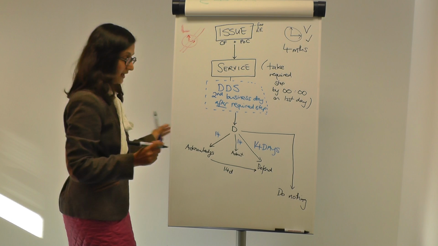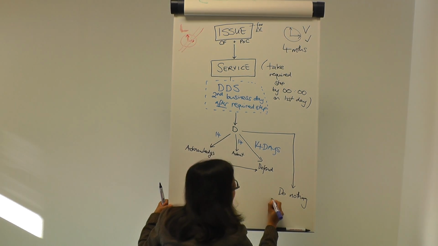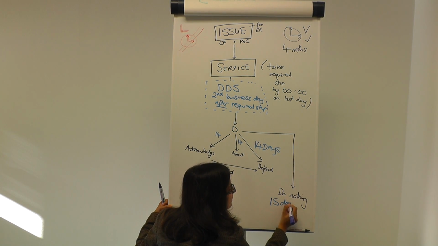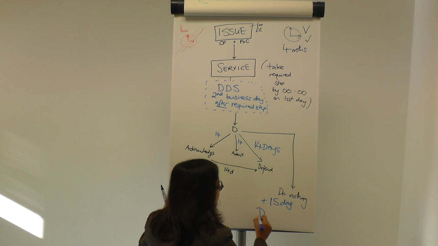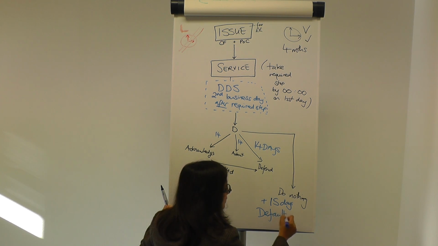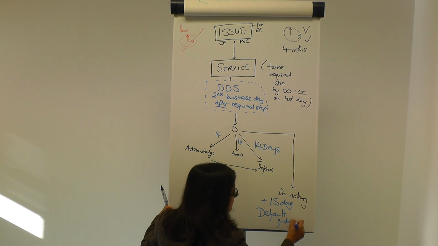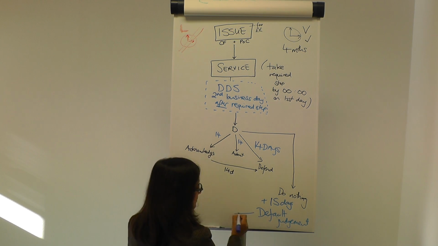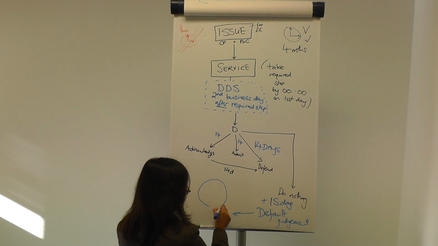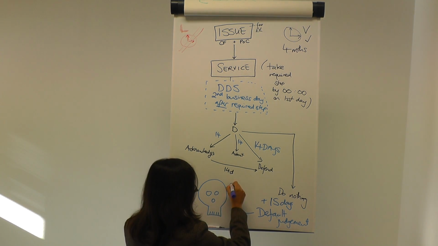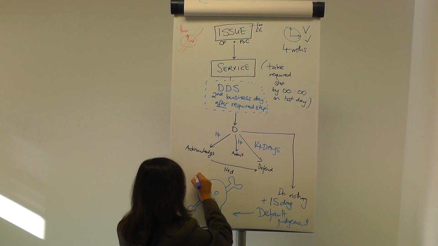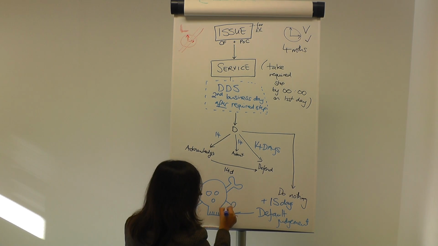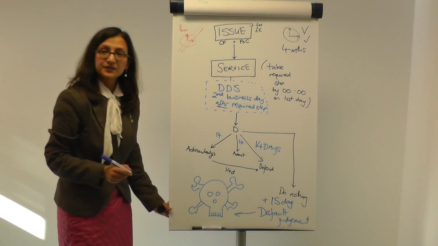And if they do that, then after 15 days or more, the claimant can apply for default judgment. And what is the result of default judgment? Game over for the defendant.